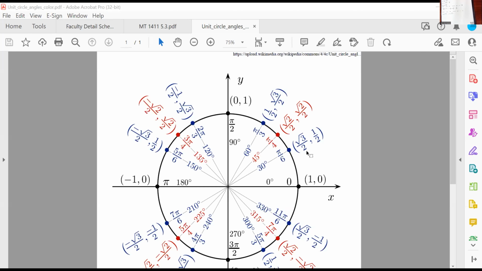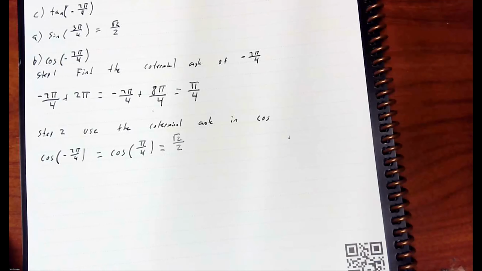Cosine of pi over 4 is going to be right here, right? So that's it. Use that value. So the only extra step you have to do is adjust if it's negative or too big, subtract or add, and you'll be good. Okay.